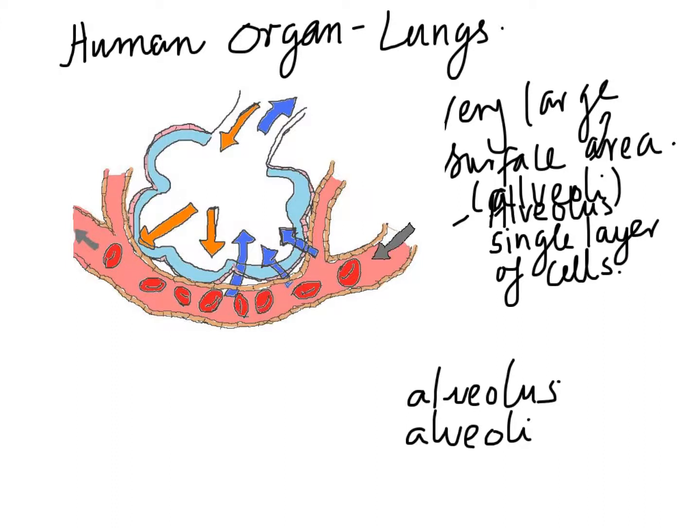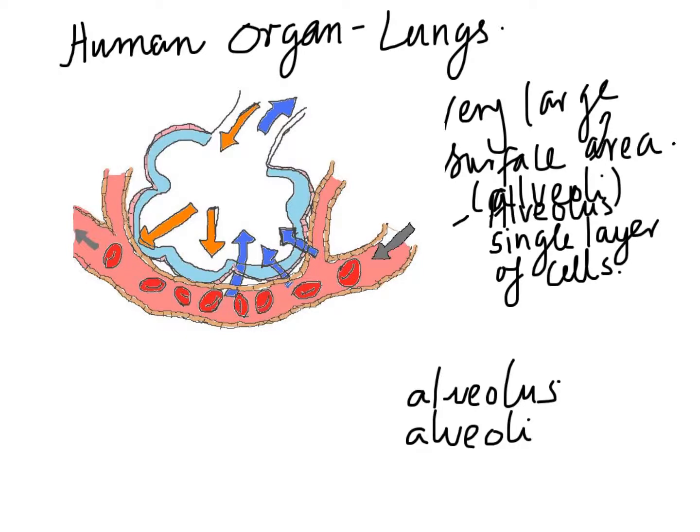The third one is the blood movement. The blood keeps on moving this way, which means the blood which contains the oxygen keeps moving. Fresh blood arrives, which has a lower concentration of oxygen and a high concentration of carbon dioxide, which means the difference in the concentration of oxygen between the alveolus and the blood is maintained higher.